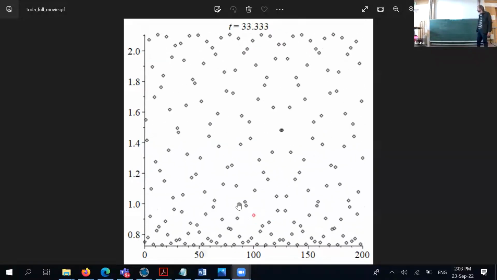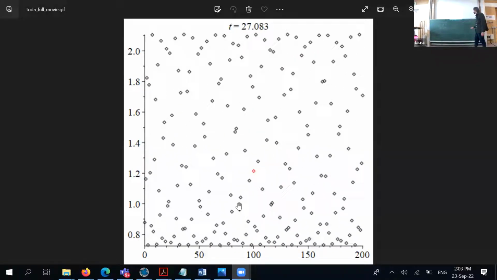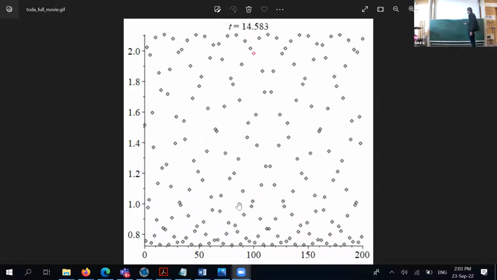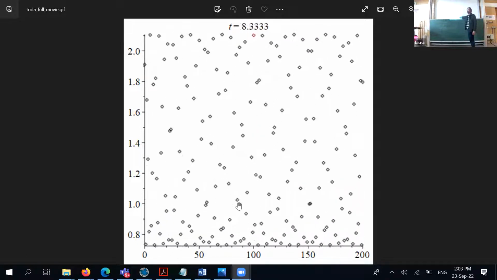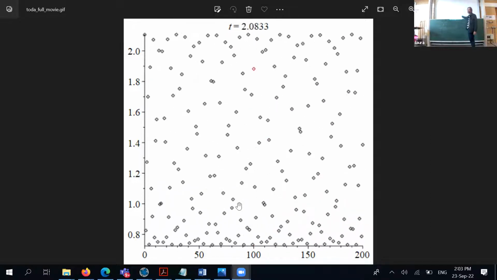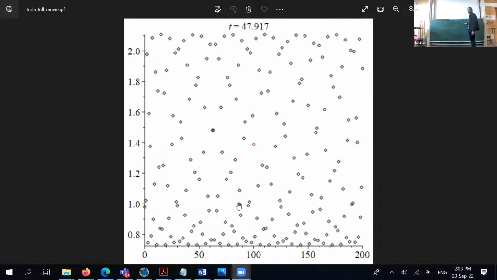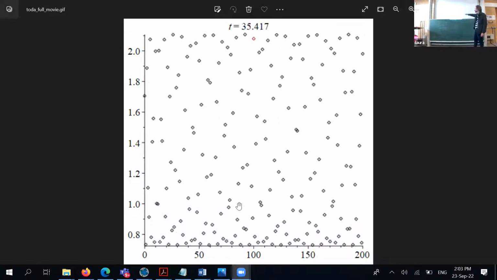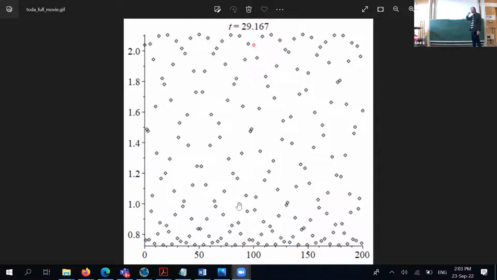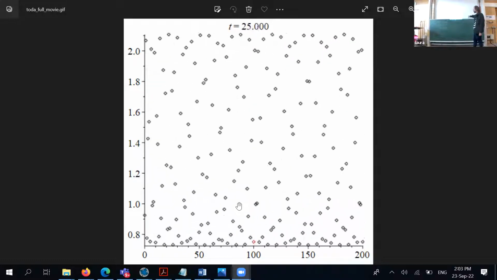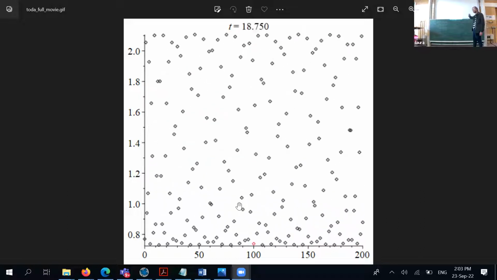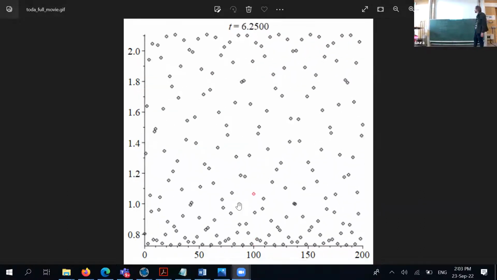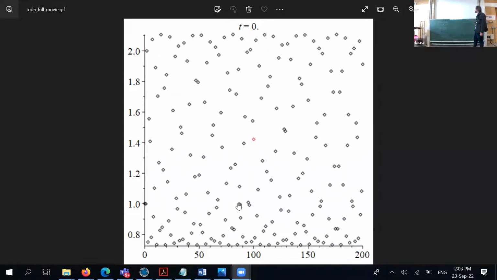If we freeze it for one instant of time, the red dot at lattice site 100, say, gives you the value of d100 at that time. And then this is the motion. The value at each lattice site is moving up and down with time, in this case in a bounded domain. So it's up and down. That's what you're seeing.